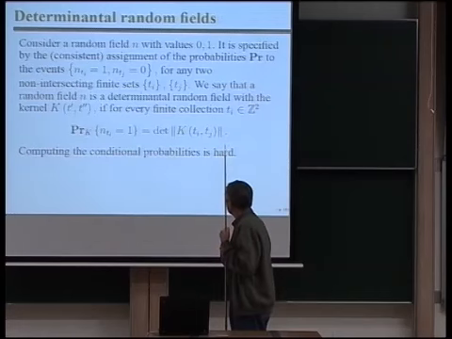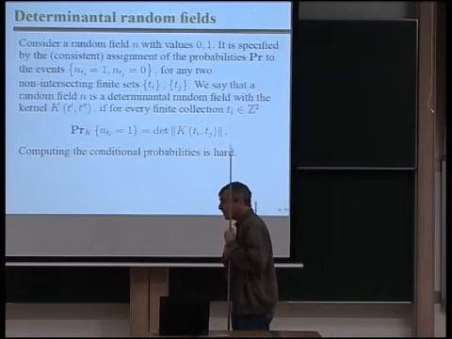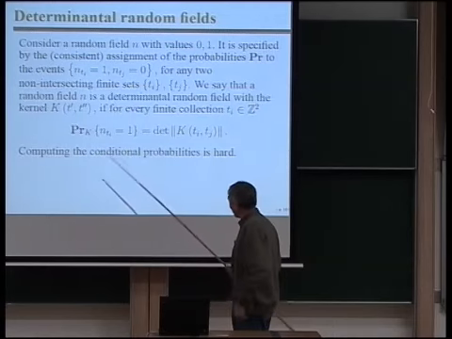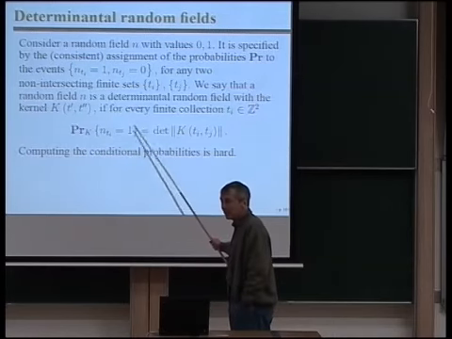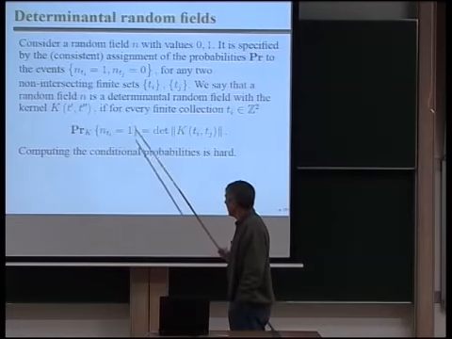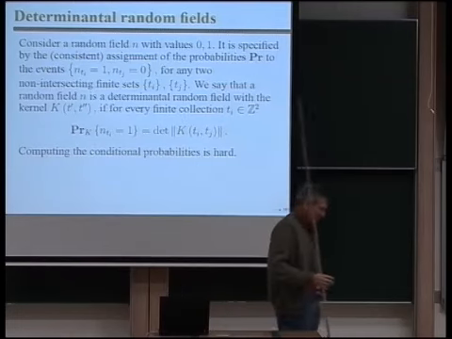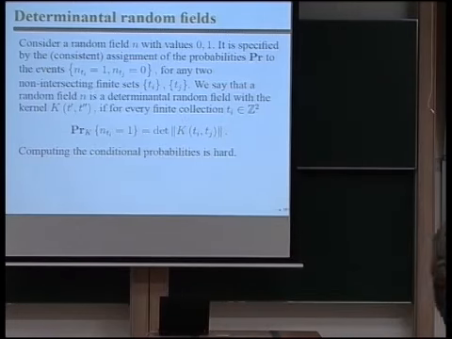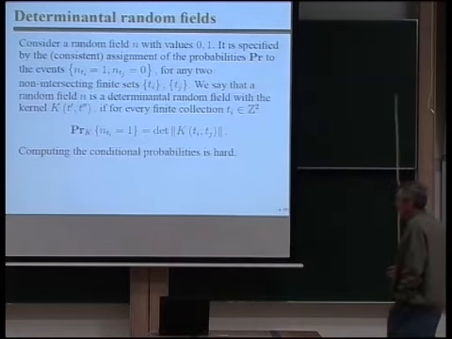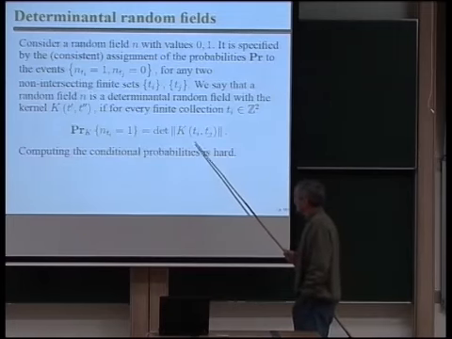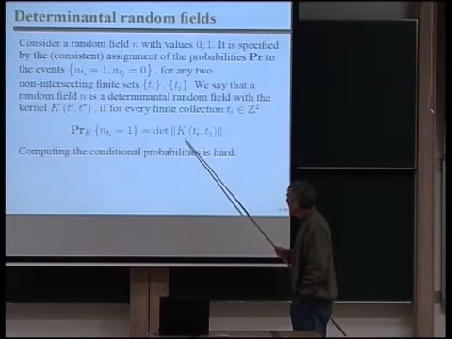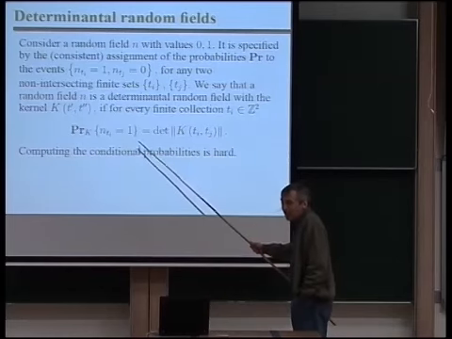There must be some property of the matrix. Definitely, because on the left-hand side, this is a probability. Yes, that's what I'm saying. If you take an arbitrary matrix, it almost never works.